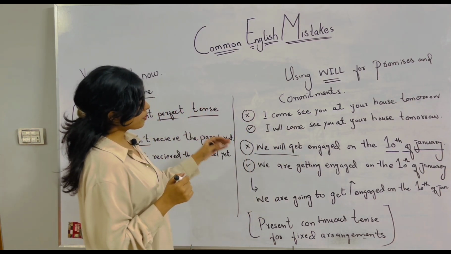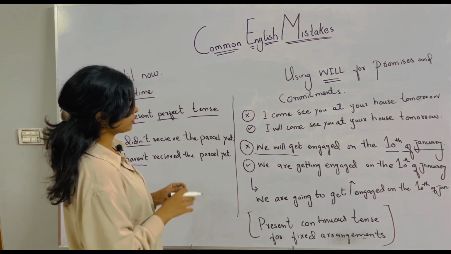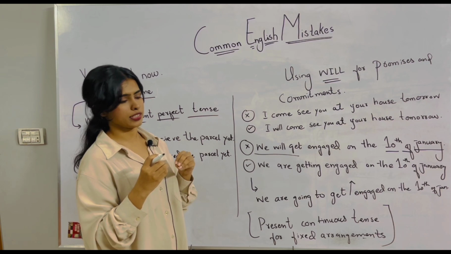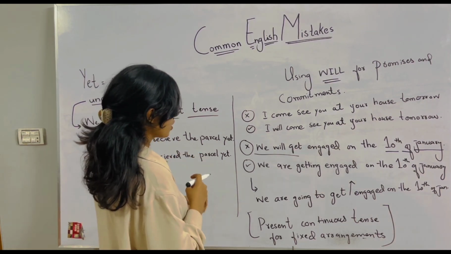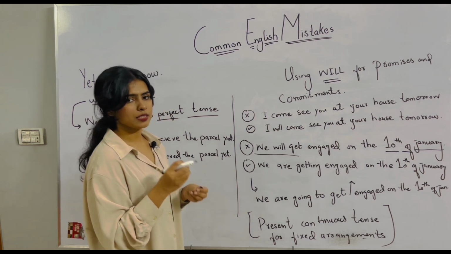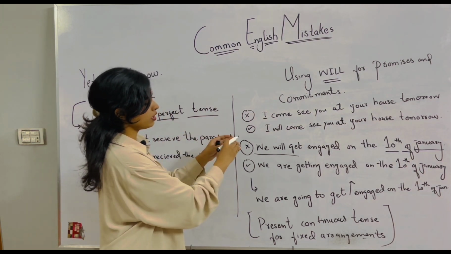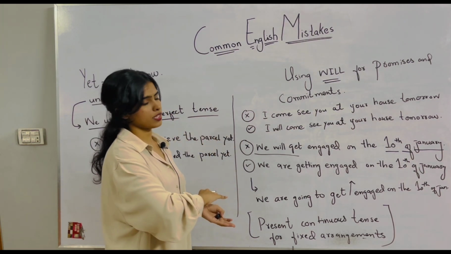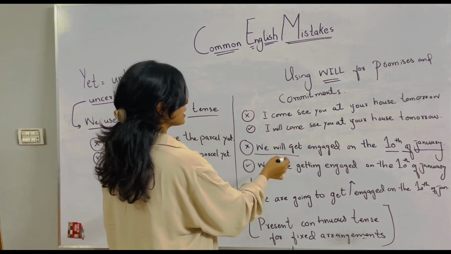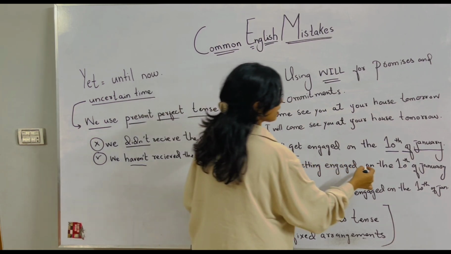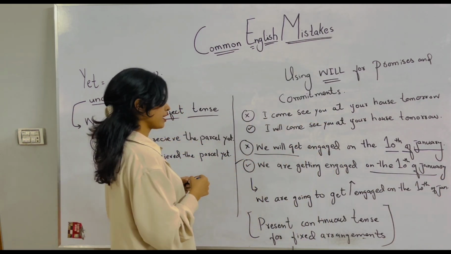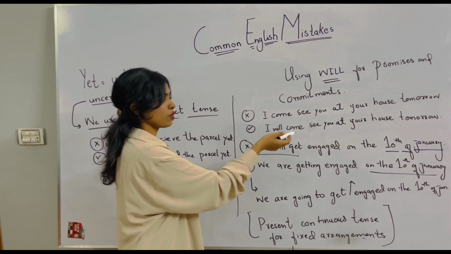What we're actually doing is using present continuous tense. We're going to change will to present continuous tense. So we're going to shift that format and say we are getting engaged on the 10th of January. So this would be correct, and the incorrect would be we will get engaged on the 10th.